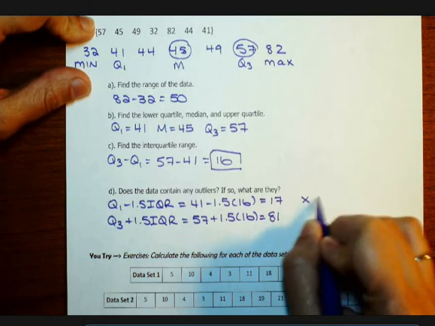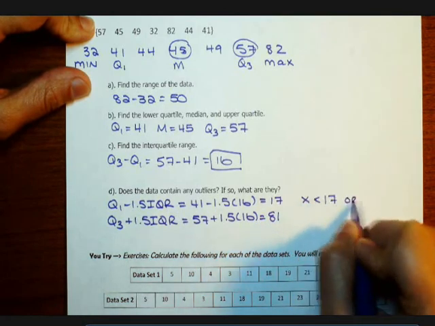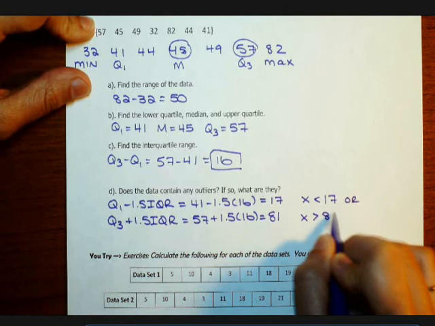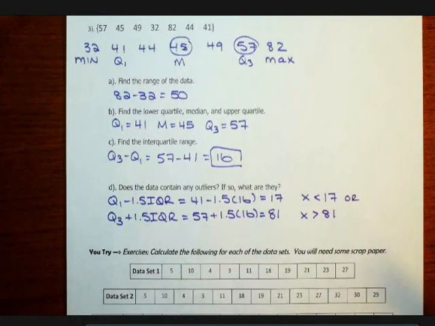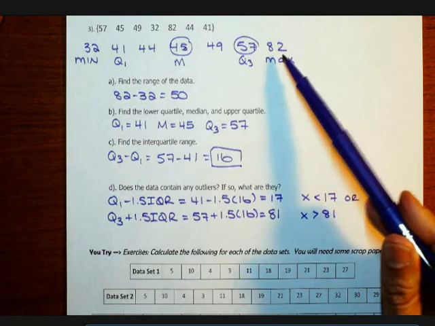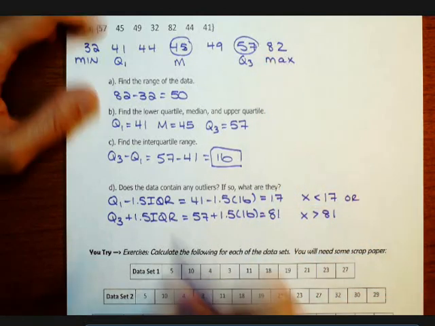So any data point less than 17 or greater than 81 is considered an outlier. If you look at our data set, you can see that we do have an outlier. 82 right here fulfills the inequality of greater than 81, so there is one outlier.